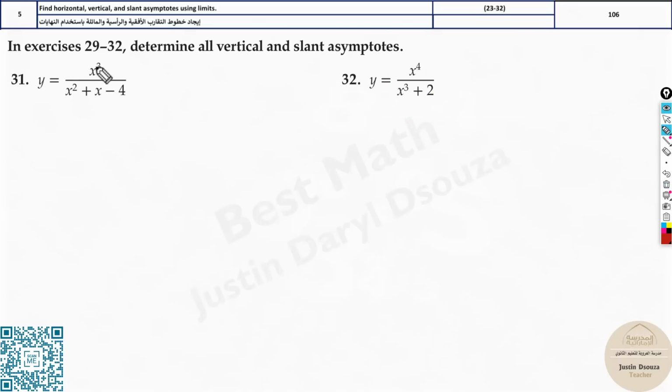Now here there are two more problems. This one is easy because there is no x term or anything. Directly you can get the answer. But here, look here, x power 3, but there are full terms here. Let's start solving by long division. x power 3. Here you will have x power 2 plus x minus 4. Now what do you multiply it with? It's x.